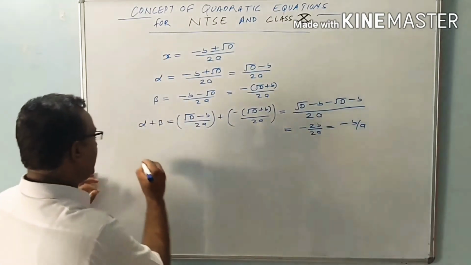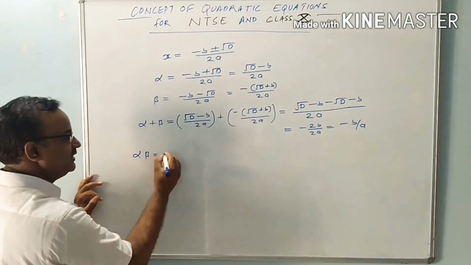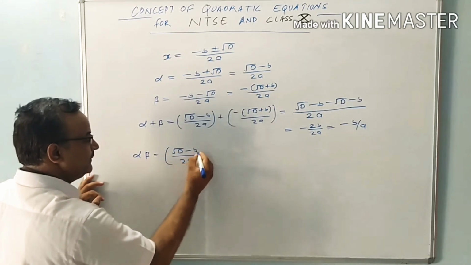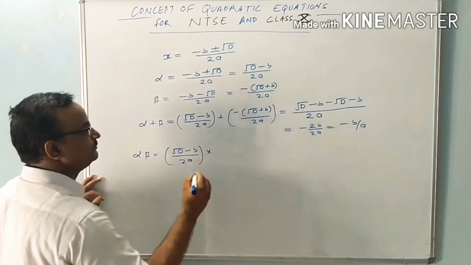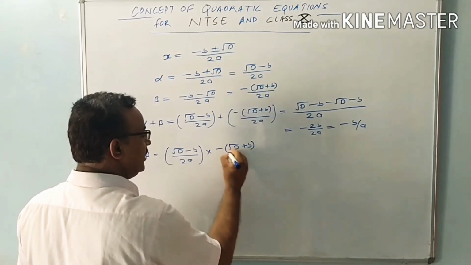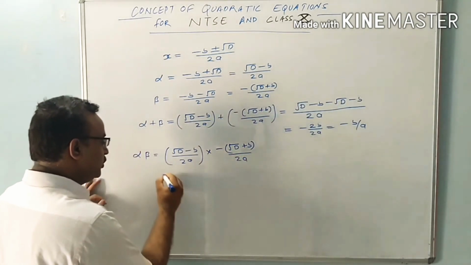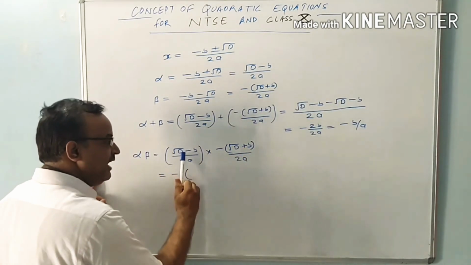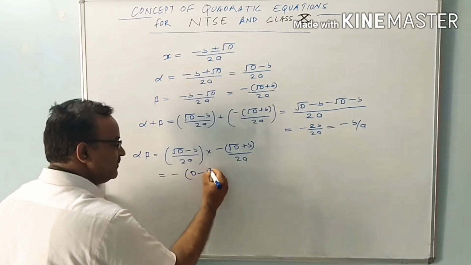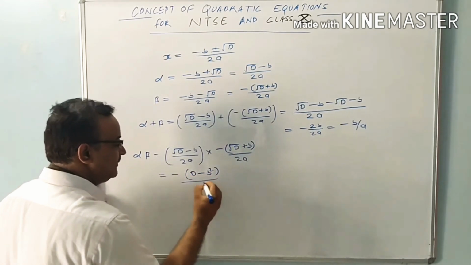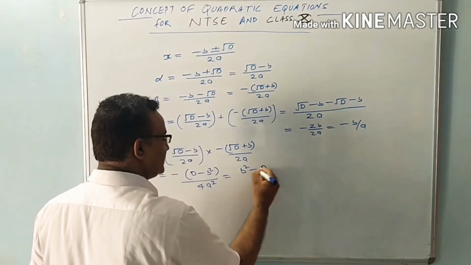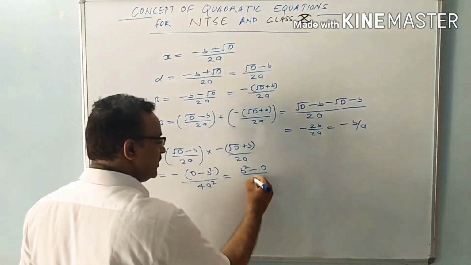If we perform the product of the roots, then we write (root d minus b) by 2a into (minus root d minus b) by 2a. It is equal to minus (a minus b)(a plus b), a square minus b square, that means d minus b square by 4a square, and we can also write it as b square minus d by 4a square.